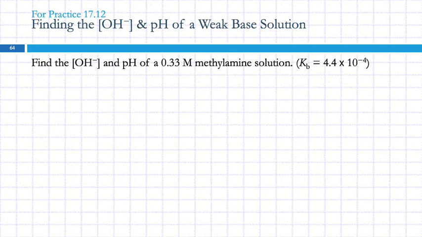Do we need to know what the formula for methylamine is? No, we don't. We just need to know it's a weak base. We can just call it B. B for base, right? So the base is going to react with water, and it's going to form BH plus hydroxide ion.